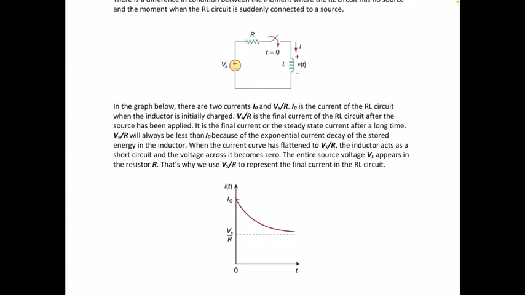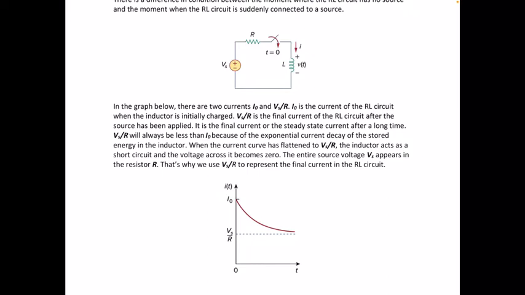Just a heads up, there are two currents, I sub 0 and Vs over R. I sub 0 is the current of the RL circuit when the inductor is initially charged, that is, the moment before the circuit is connected to a source. Vs over R is also a current value, and this is the final current of the RL circuit after the source has been applied, the steady state current after a long time.